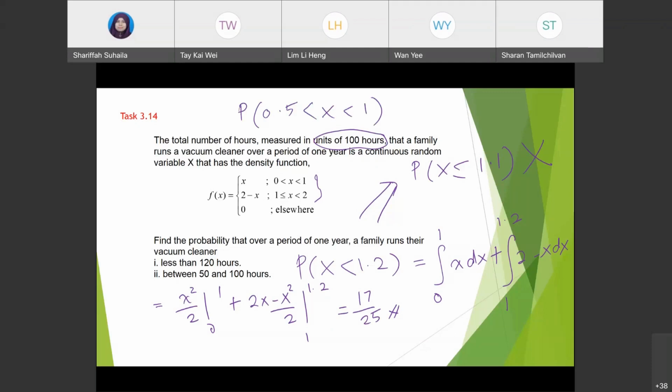Check the range. You want to find x between 0.5 up to 1, so that's in the first range. So you have x dx, which gives x squared over 2. You substitute 0.5 up to 1, and you get 0.375.